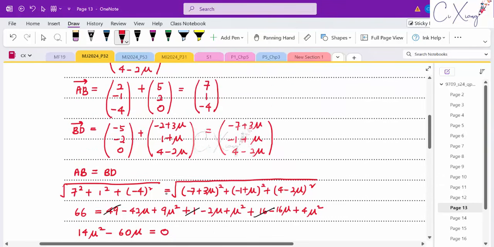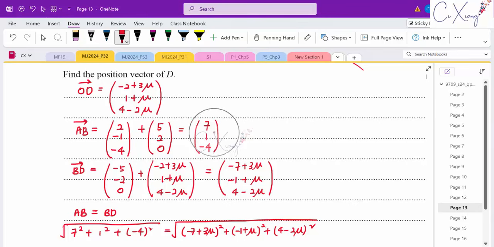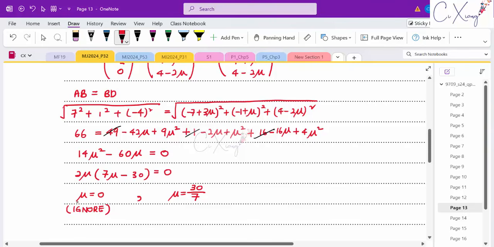If you have a look at my vector BD, if you let mu equal 0, then you can observe that AB is equal to DB. By right, AB and DB should be two different vectors. But if you substitute mu equals 0, AB equals DB, which is not logical.